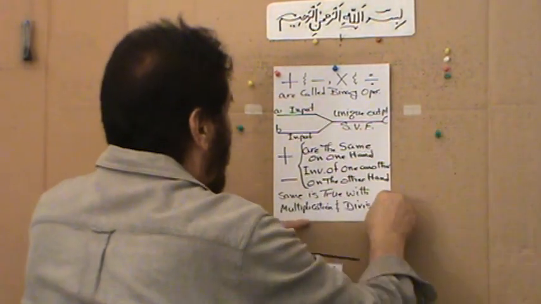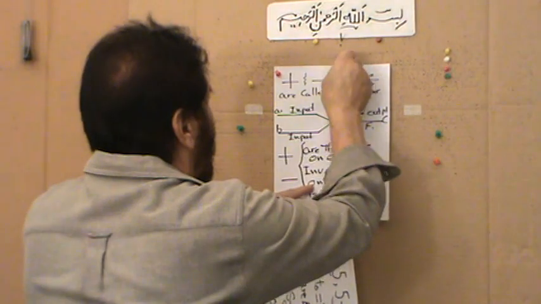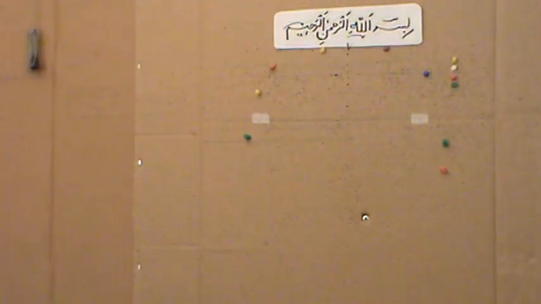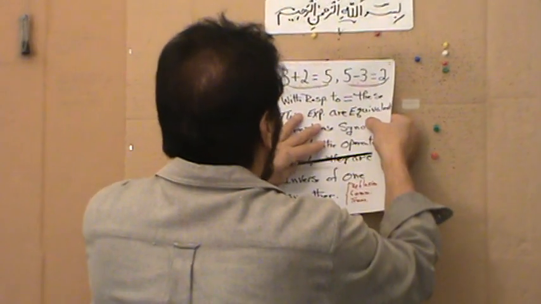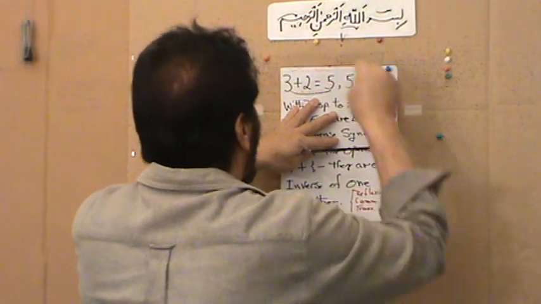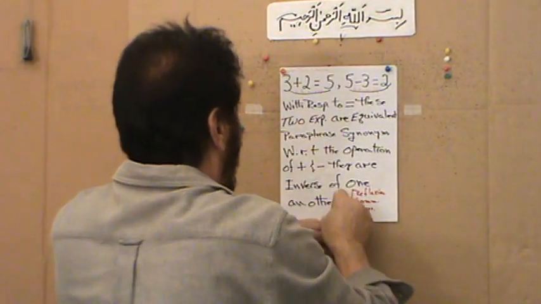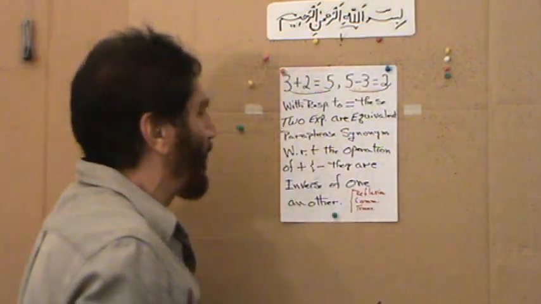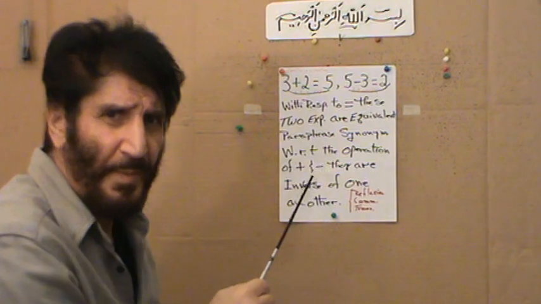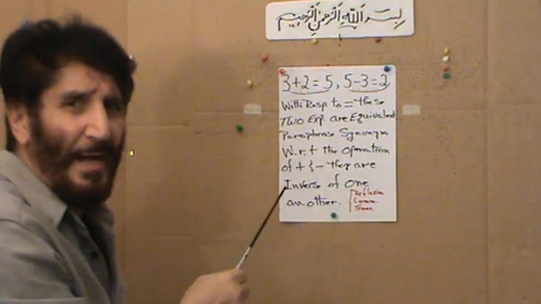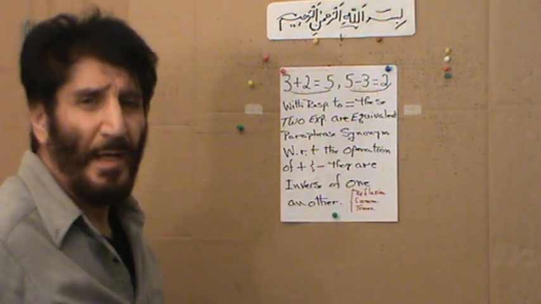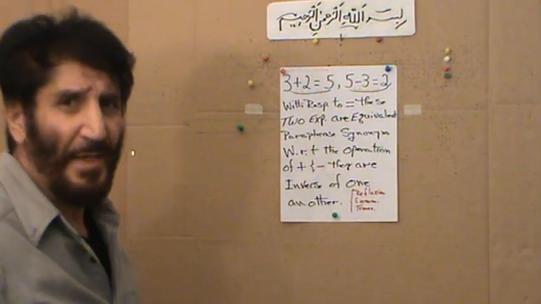Now, 3 plus 2 is equal to 5, and 5 minus 3 equals 2 are 2 arithmetic expressions.